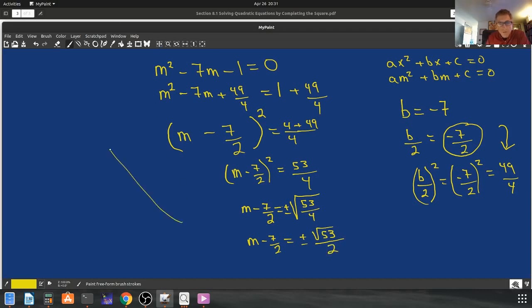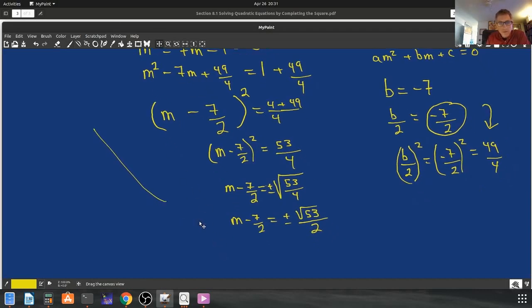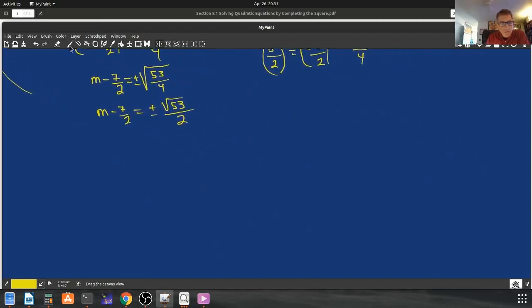So here I'm almost done. Let's go ahead and write out my final answer. So I'm solving for m, so I'm going to move the minus 7 halves. So m is equal to plus or minus the square root of 53 over 2 plus 7 halves. So that means m has two values.